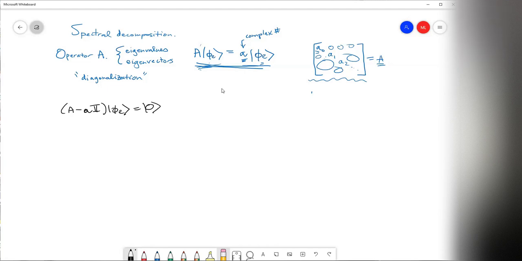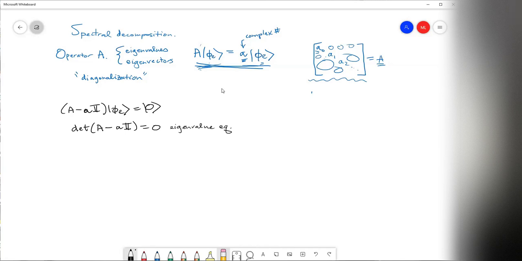So you can take the determinant. If that's the case, then the determinant of this entire operator, A minus aI, has to be equal to 0. This gives you an equation to solve, the eigenvalue equation. I talked about this during recitation a little bit.